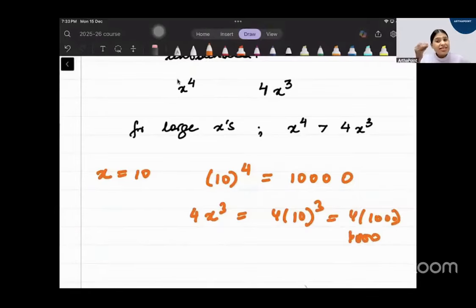अभी तो मैंने कुछ x लिया ही नहीं है. I have taken a very small x. अभी तो मैंने x को सिर्फ 10 लिया है और इसका जो आंसर आएगा it will be 10,000 minus 4,000, 6,000.